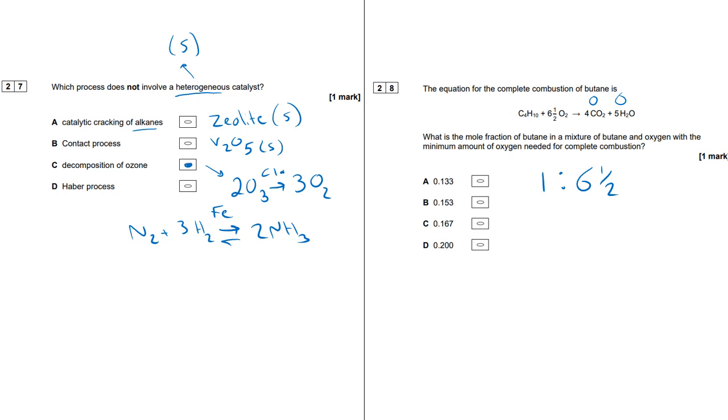So the total moles present would be 7.5. So the mole fraction of butane would be 1 over 1 plus 6.5, or 1 over 7.5. Plug those numbers into your calculator and that comes out as 0.133.